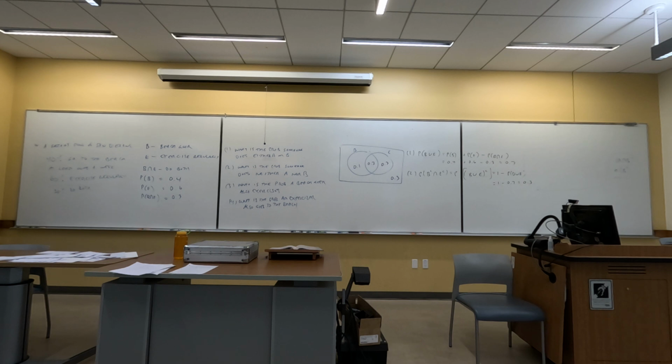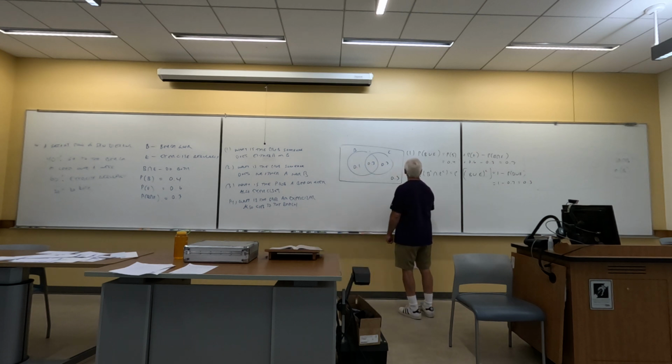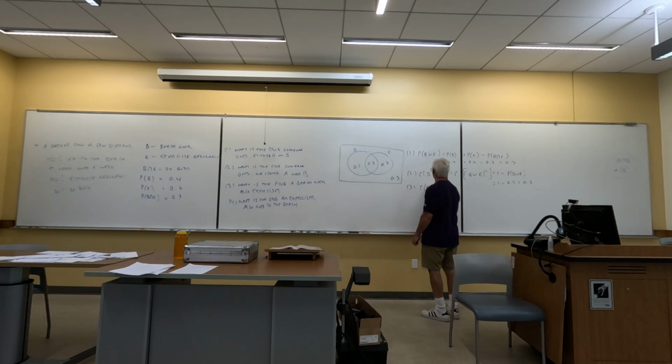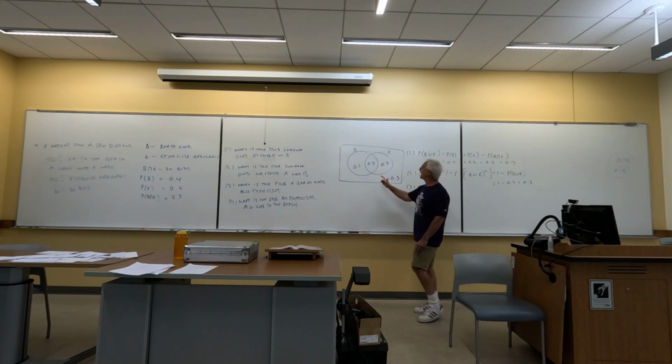My sample space is only beachgoers. Does everybody see that? That's the trickiest part of this. I'm asking something about a beachgoer. What's the probability that a beachgoer exercises? So the third question is, what is the probability of somebody exercising given that you know that they go to the beach? So now look at this circle.